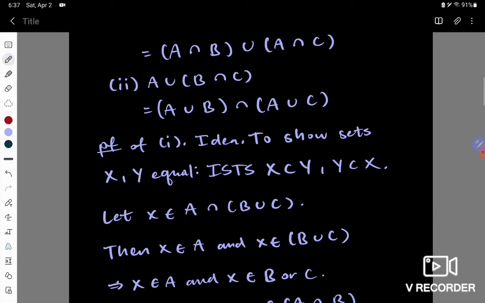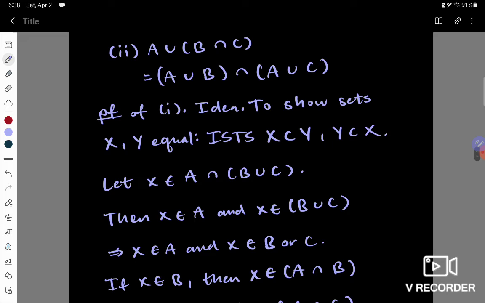And now there are two cases we can have given by this 'or' over here. Either x is in B or x is in C we can look at. It could be in both, but those are covered by each case separately. So if x is in B, then x is in this intersection. x is in A, because we showed that here, and x is in B, because we're supposing that.